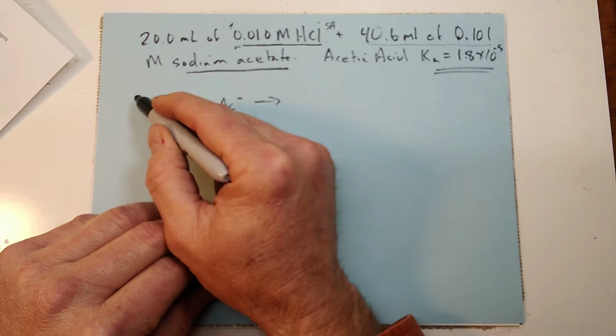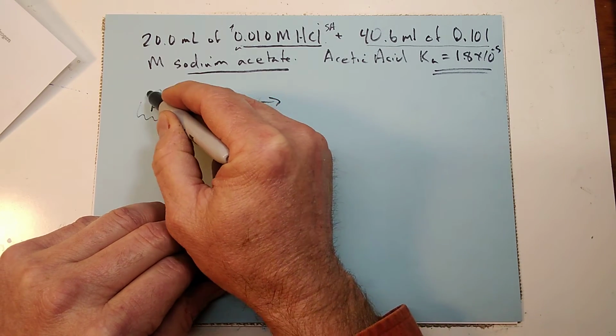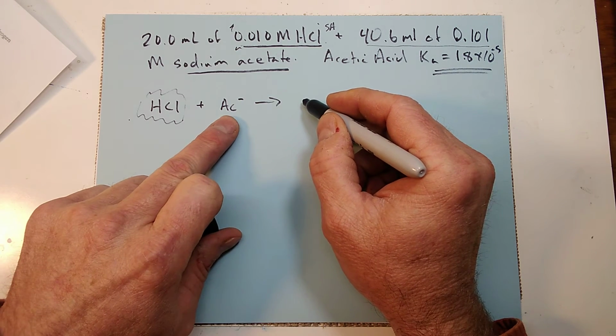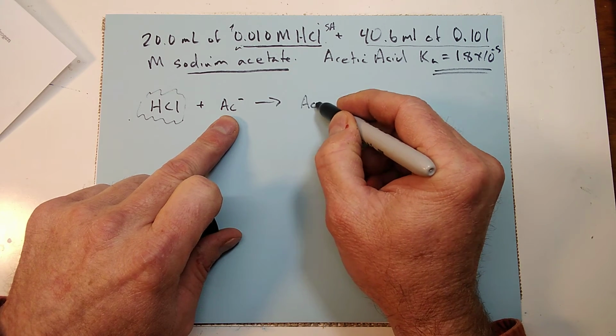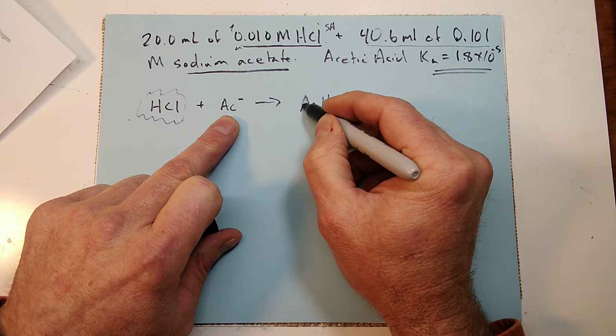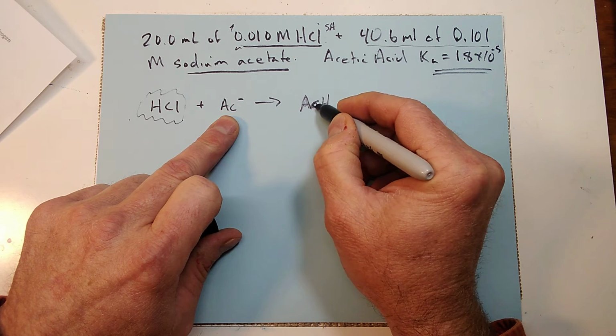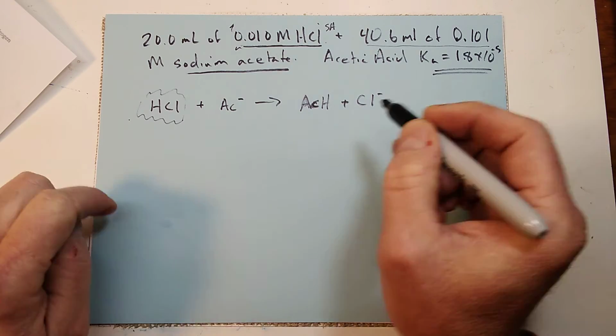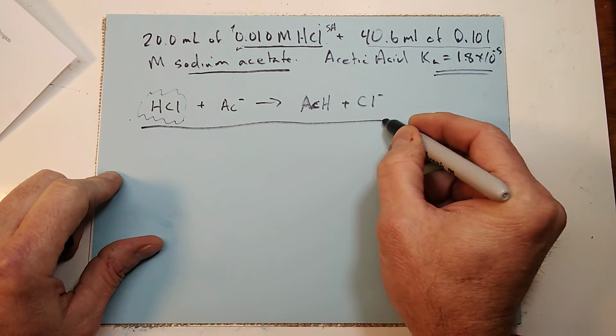And I know that dealing with this boom, we'll get to the ICE table soon, I have to have this strong acid act as an acid, giving the proton to the base to make the conjugate acid, and that H+ would get Cl minus. So that's what we have to deal with first.